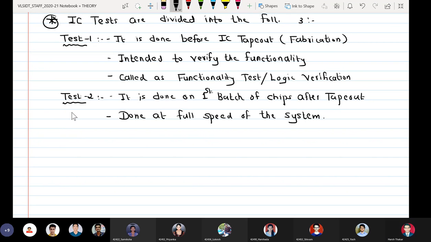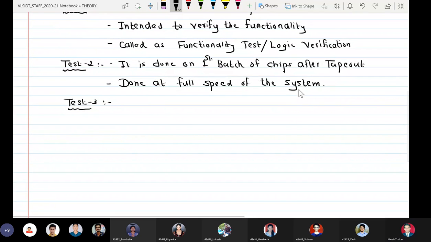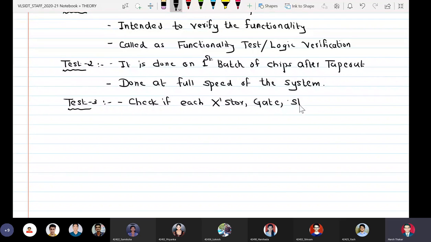Now comes test number three. It verifies that every transistor, gate and storage element is functioning correctly. Here we check if each transistor, gate and storage or memory element is working correctly.